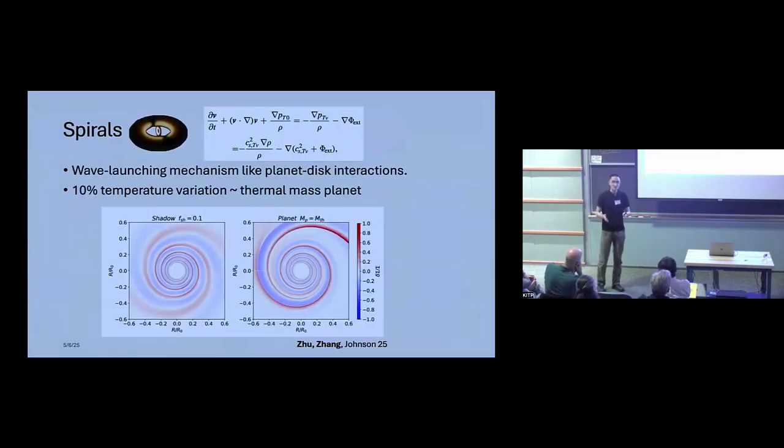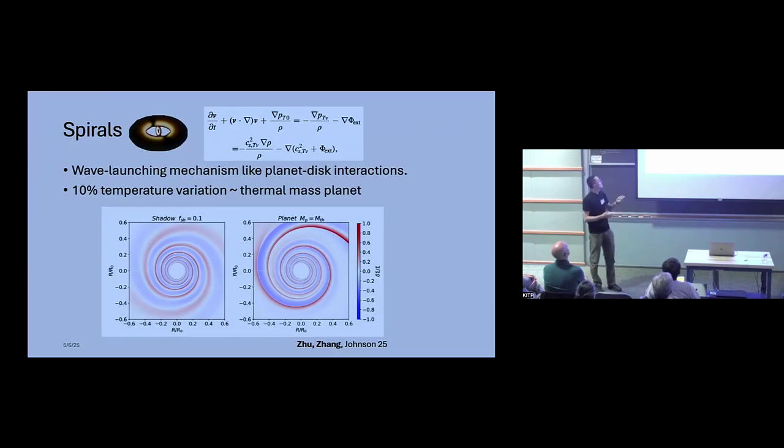You may wonder why the shadows themselves lead to spirals, and it turns out to be something we have known for many years, which is planet-disk interaction. If you write out the Euler equation of motion, you can separate the pressure term into two. One is the asymmetric pressure, which is similar to previous studies, and there's an additional term which is due to the shadow.